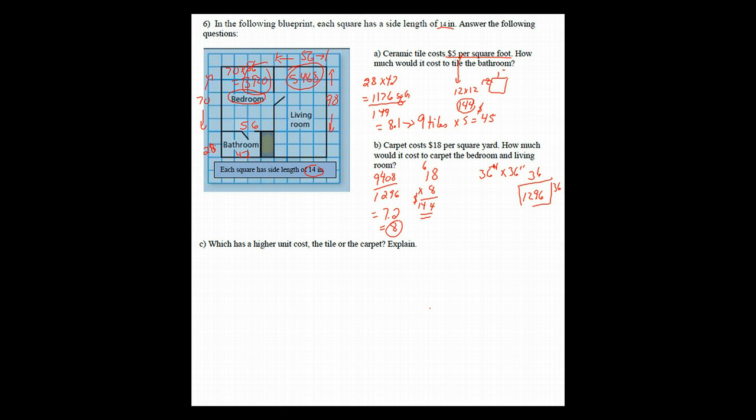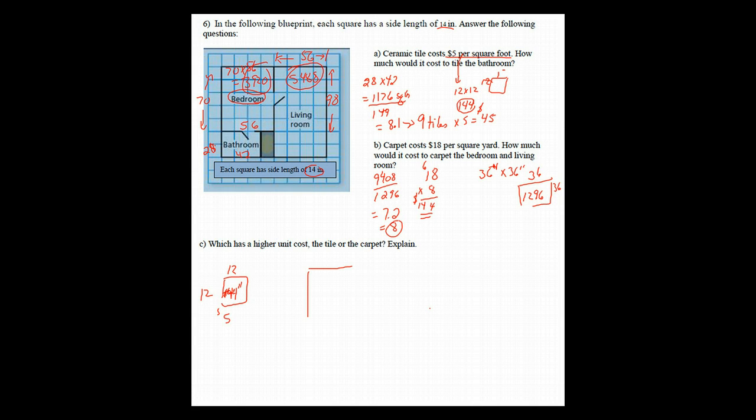Now, which has a higher unit cost, tile or carpet? Our tile is priced as 12 by 12, 144 square inches, and that's going to be $5 for one tile.